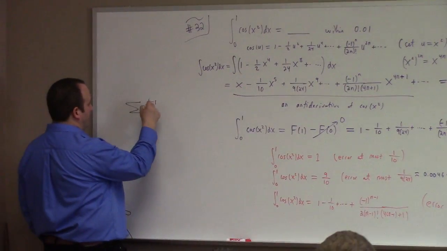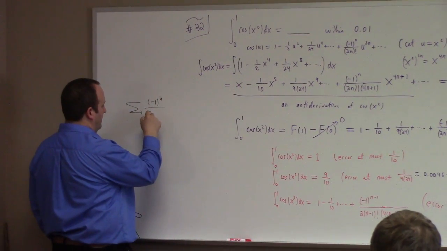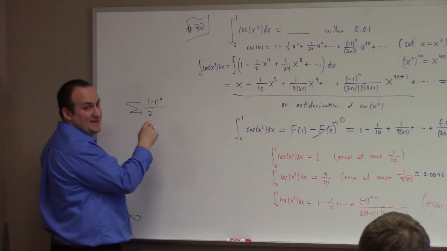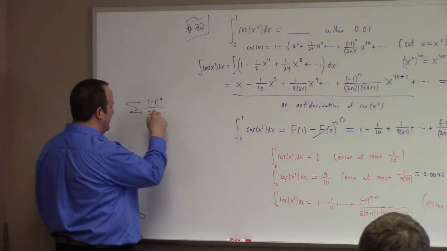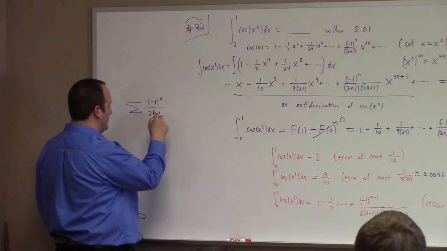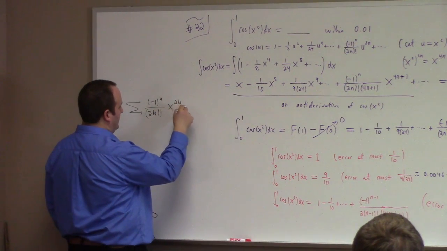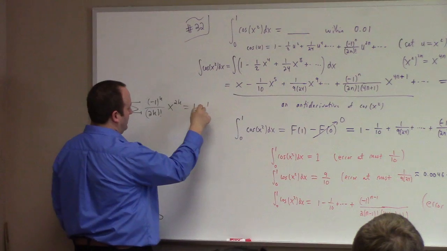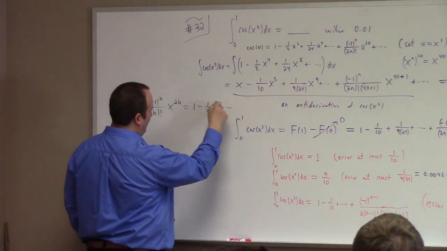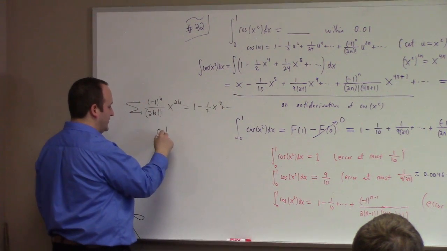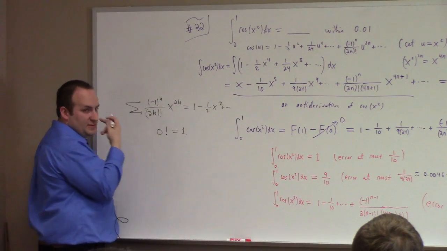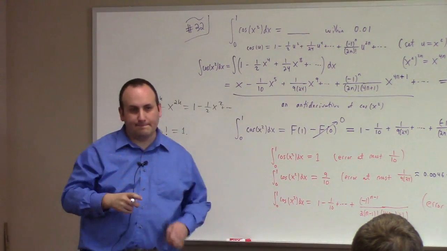Oh, no, I lied, never mind. 0 factorial is 1, correct? Yes, it's the cosine you're thinking of. The point is 0 factorial is 1. One of the many reasons we have to make it that.